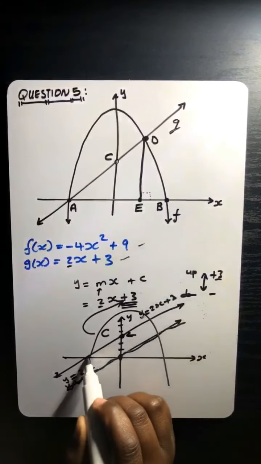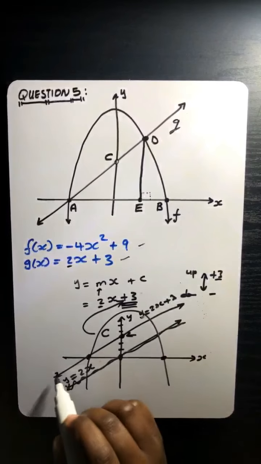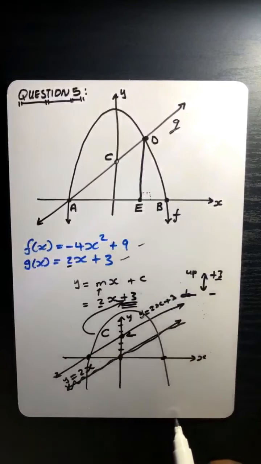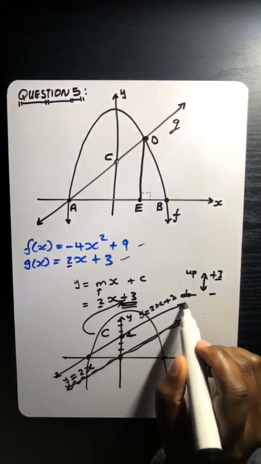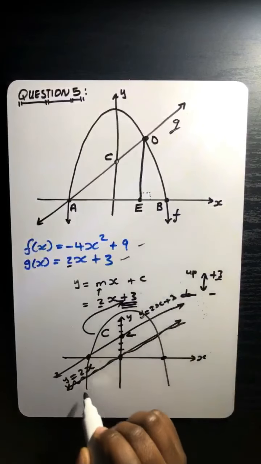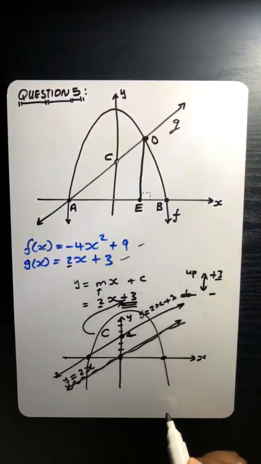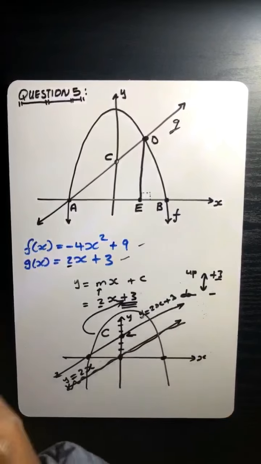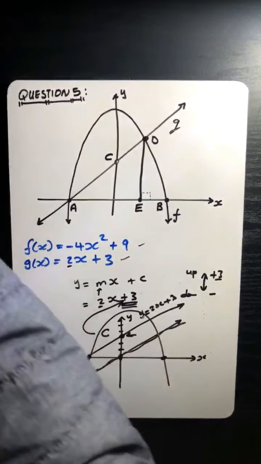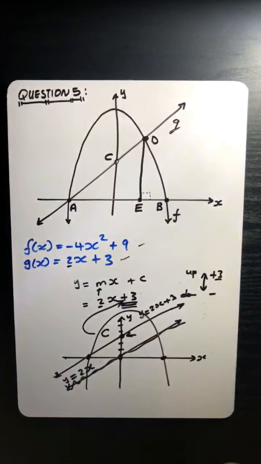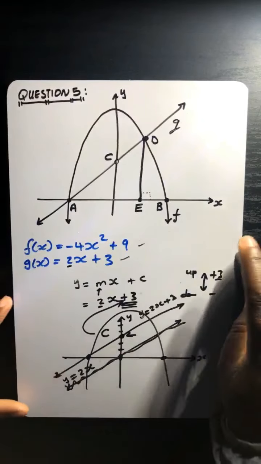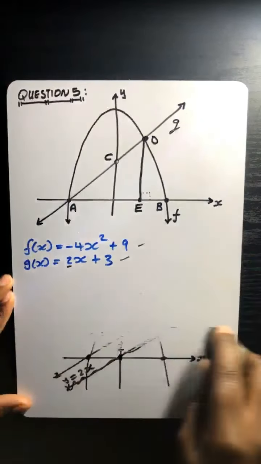So can you guys see that now we are having 2 functions on the same set of axes? We just need to know all about that and also all about that. Very, very important, ladies and gentlemen. That's what I meant when I said I'll do a very quick interpretation of those 2 functions.